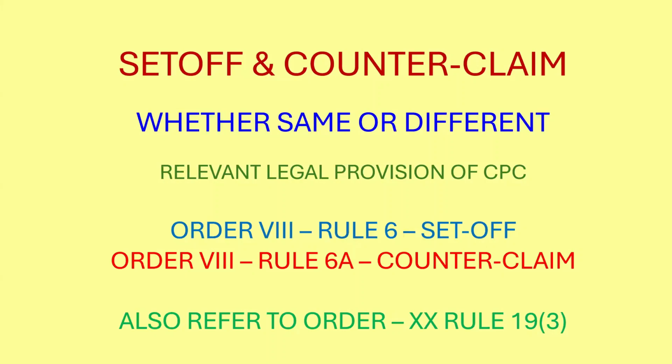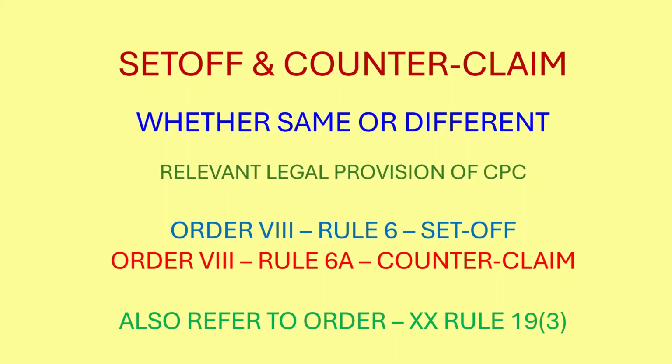The law dealing with set off and counterclaim is set out in Order 8, Rule 6 of the Civil Procedure Code. Rule 6A deals with counterclaim and Rule 6 deals with set off. Within set off, there is another subset of the nature of claim which at times is treated as equitable set off.